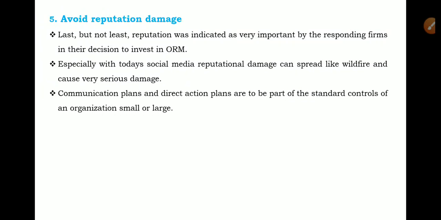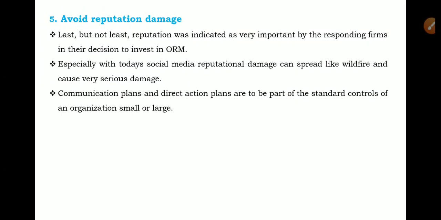Communication plans and direct action plans are to be part of the standard controls of an organization, small or large, whatever the size of the organization. The communication plans and direct action plans are a very important part of the standard controls.